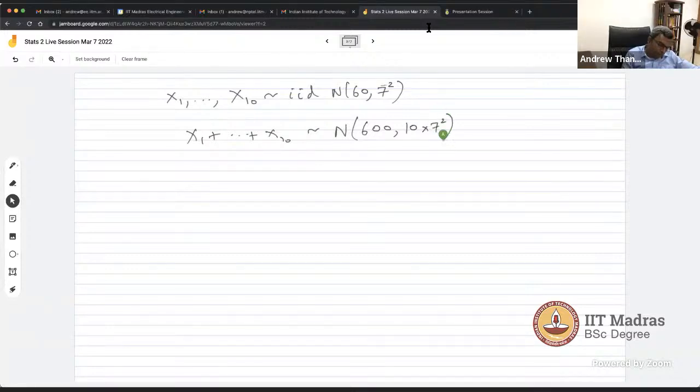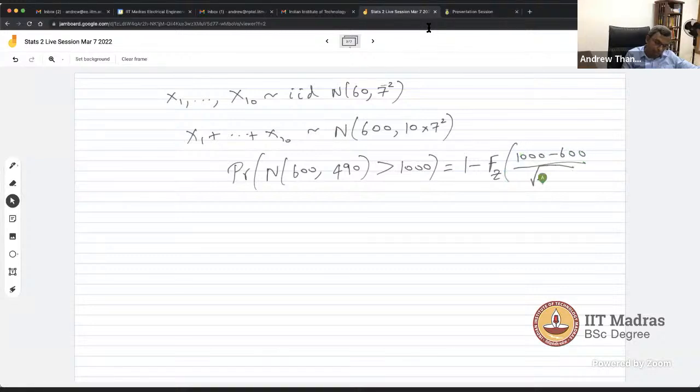So the question asks for the probability that normal 600 comma 490 is greater than 1000. You can draw the probability picture if you like. In the normal approximation this area comes to 1 minus FC of 1000 minus 600 by square root 490.